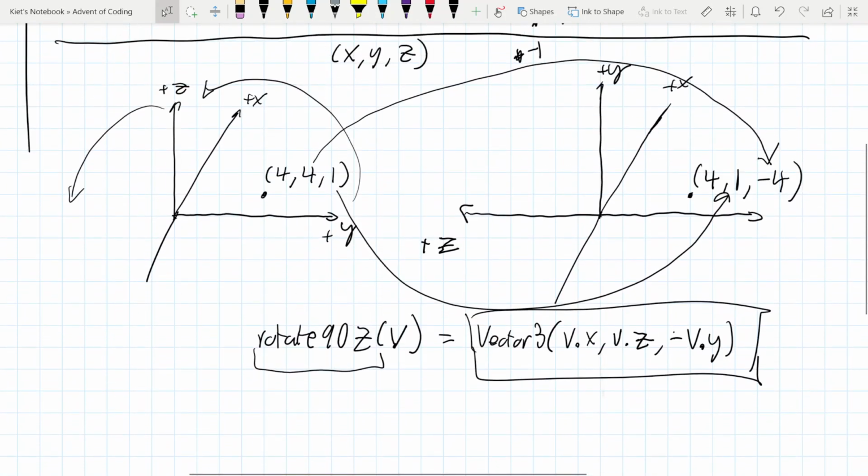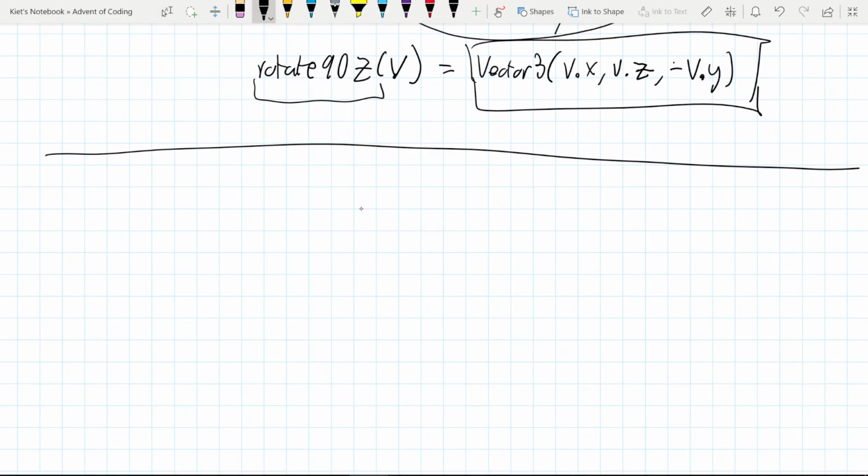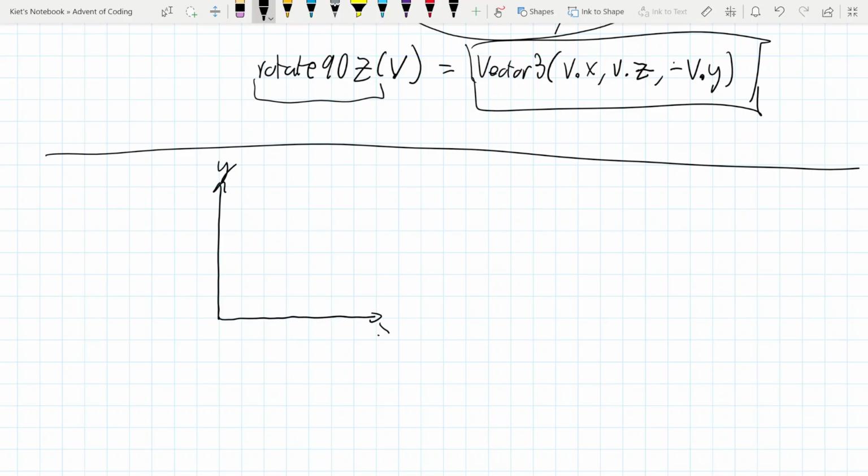Okay, so lastly, let's just go through flipping real quick. So flipping, let's do this with trusty old y and x axes. Okay, so this is z. Oh, I keep erasing it.